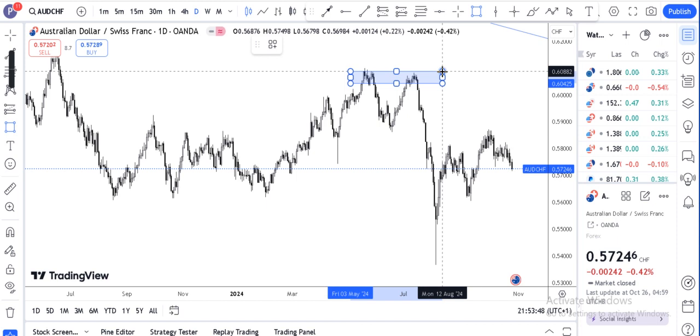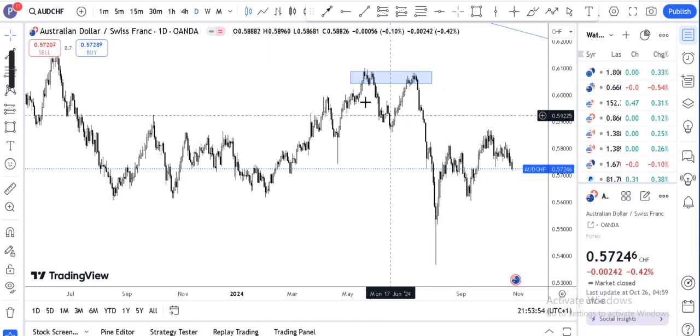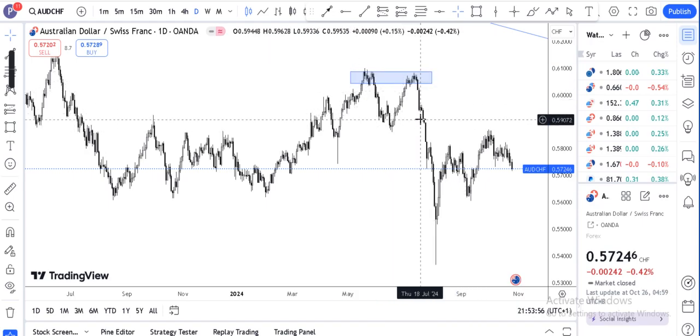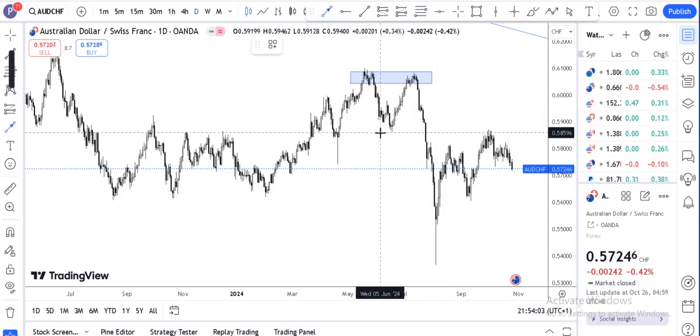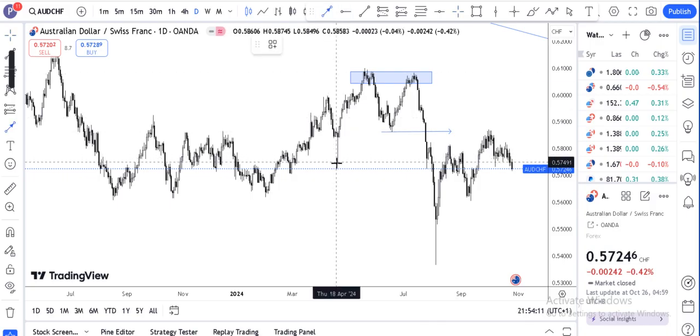We can clearly see the market created an order block at this top, and the moment market closed below the order block, it went down, hitting take profits here. Now, this is our first take profit, and then this is our second take profit.